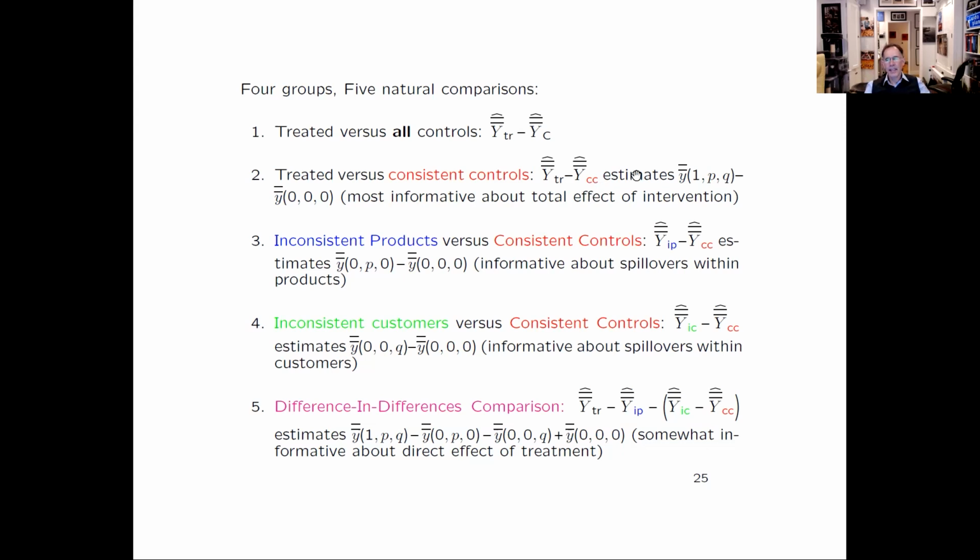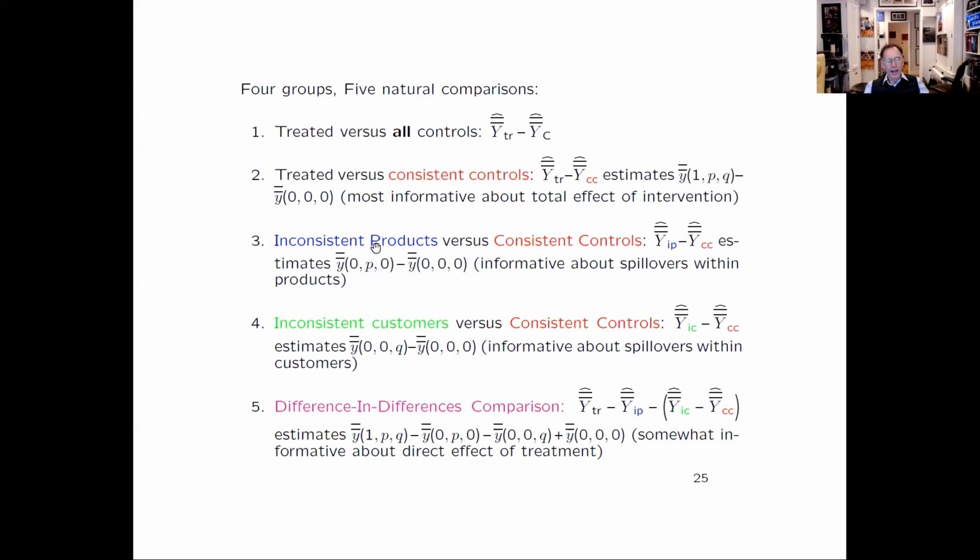And what that's estimating is the average of the local interference. It's estimating the average outcome evaluated at 1, P and Q minus the average outcome at 0, 0, 0.